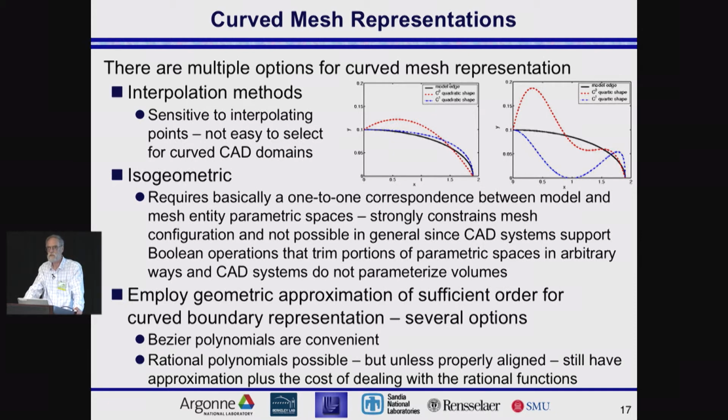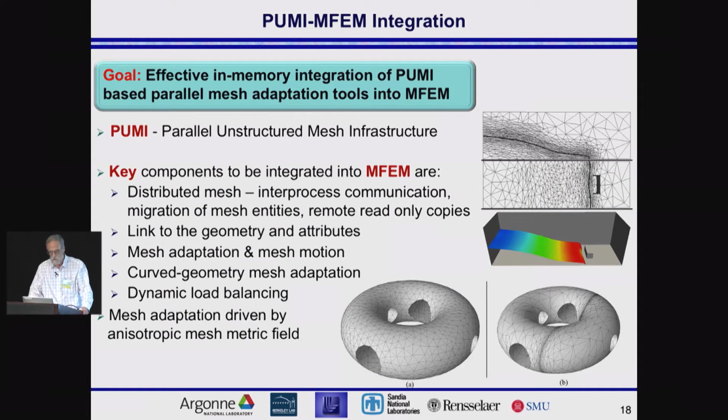They make the computations much more complex, and you can control your order of approximation quite easily with just the Béziers. But you have various options, and you need to consider that when working with the higher order methods. So given those requirements, we are integrating the PUMI technologies with MFEM.